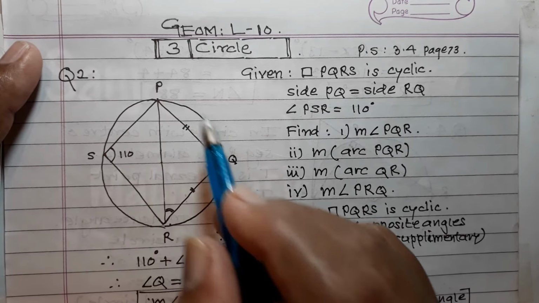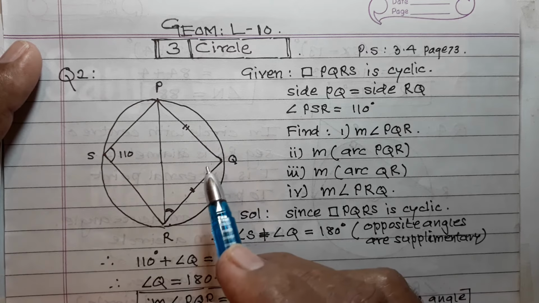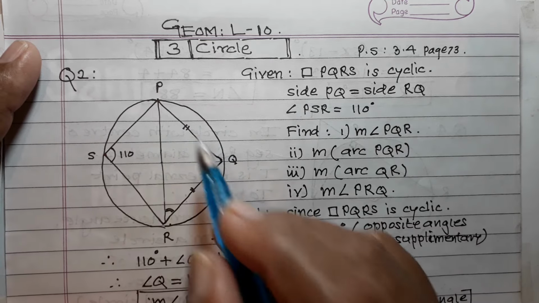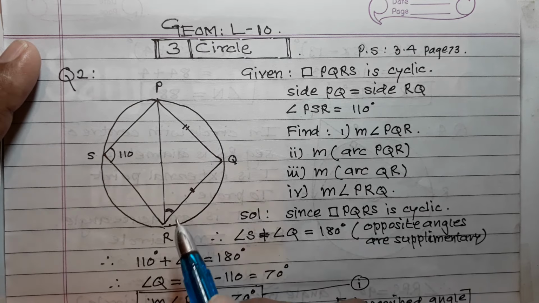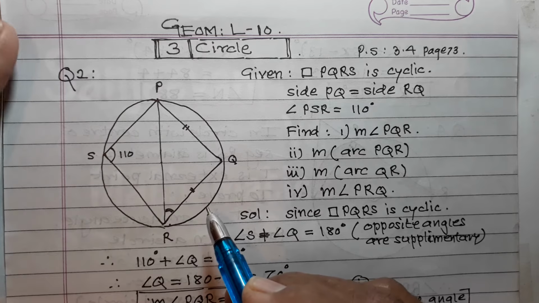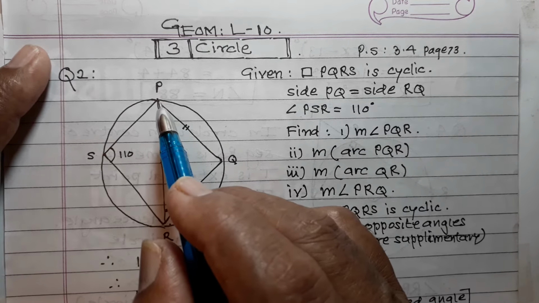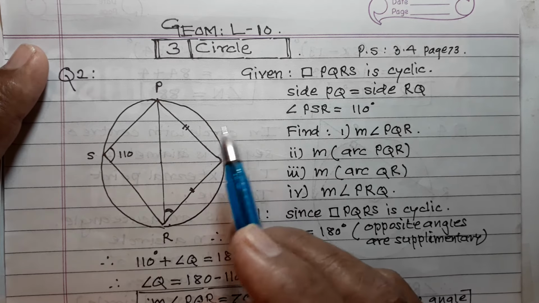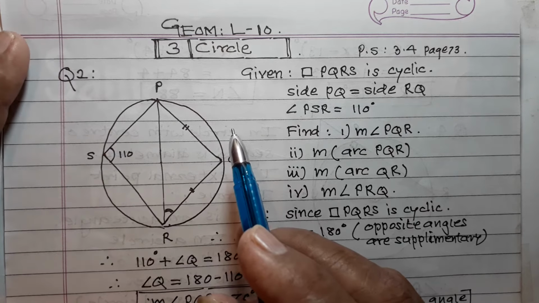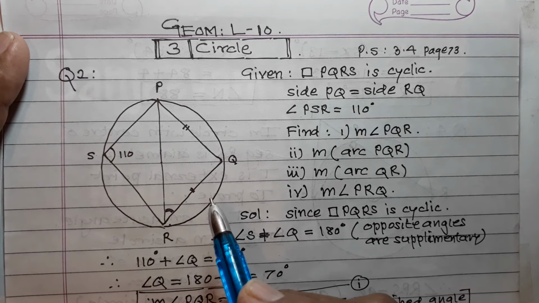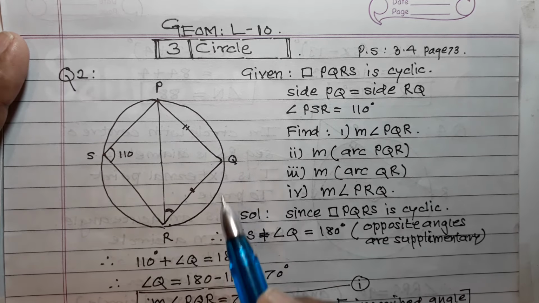Now major arc PQR is equal to 220, and this chord is equal, therefore this arc and this arc are equal. So arc PQ plus arc QR is equal to 220, and this is this plus this.